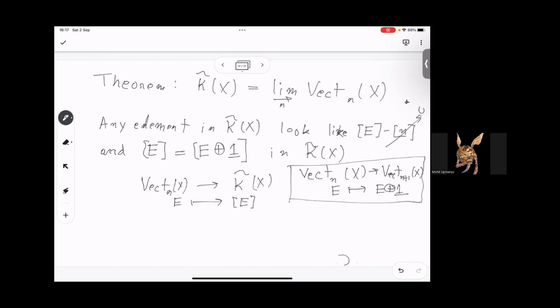So in particular, what we end up with is that we in fact get a map from the direct limit to K tilde X. So this is one map.